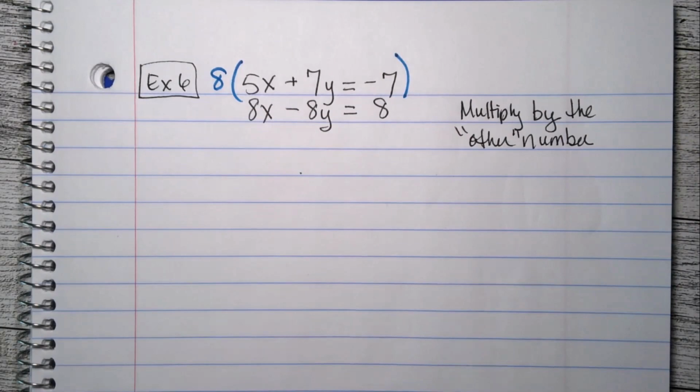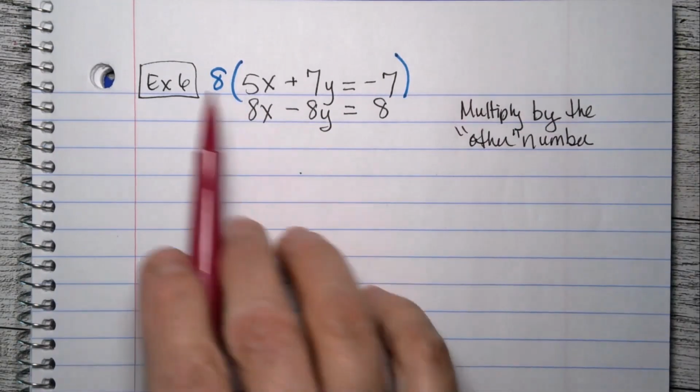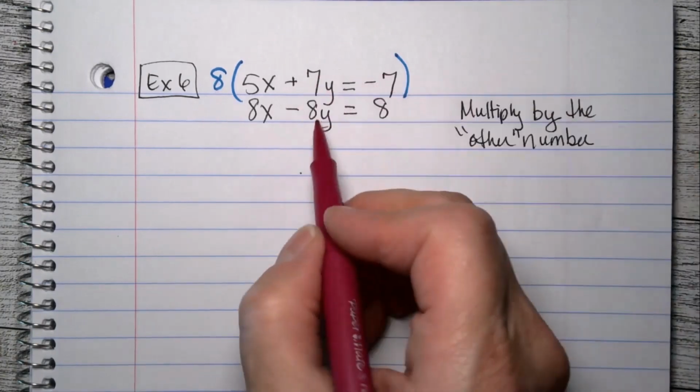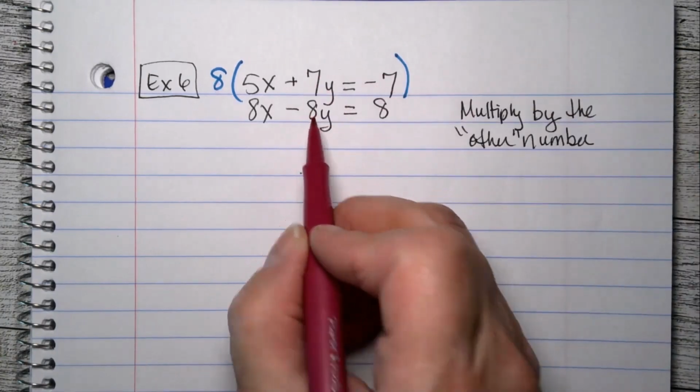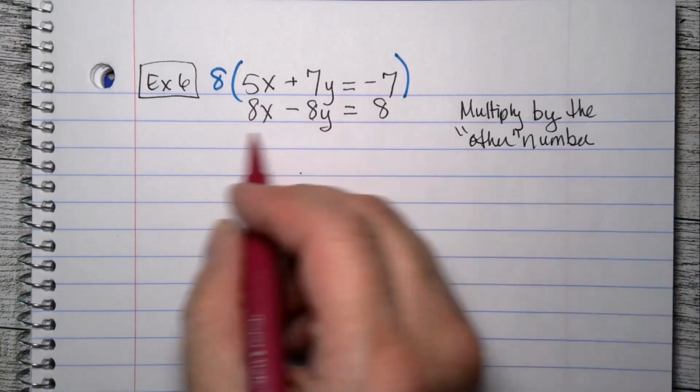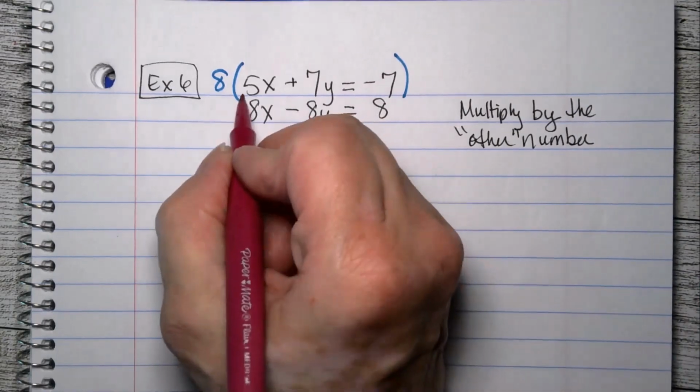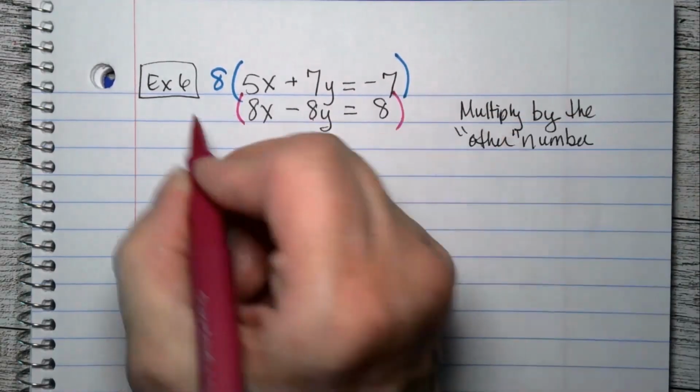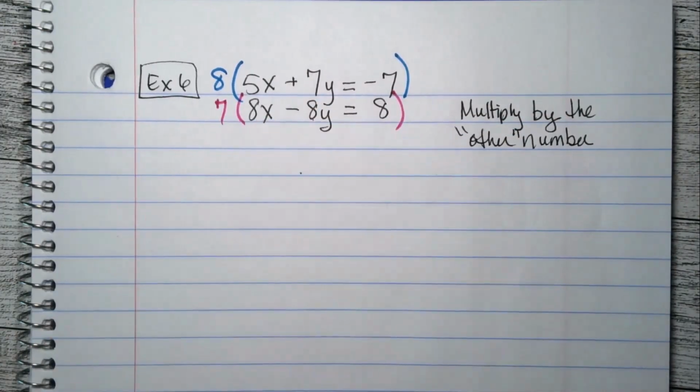Well, let me do it for you so you can see what's going to happen. I picked the 8 because I wanted to make sure I got the 8 from right here. There's 8s all the way across here. That was probably stupid of me to use that example. But I'm going to multiply the bottom one times 7. And that probably makes no sense yet, but it will in a second.